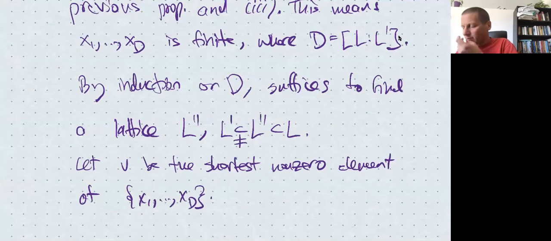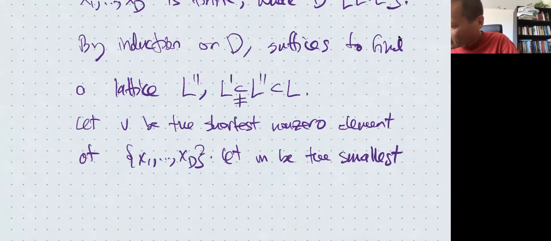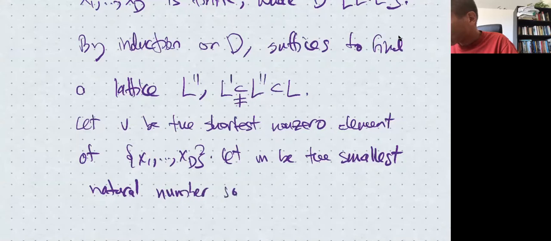I take the shortest one, and let N be the smallest natural number so that V prime, which is defined to be N times V, belongs to L prime.